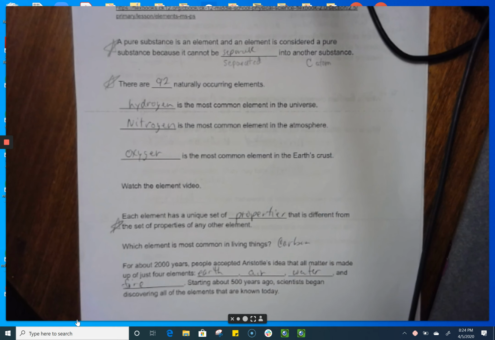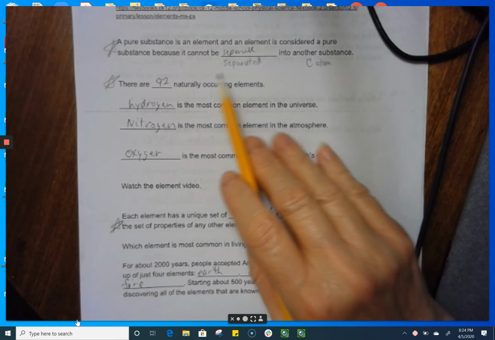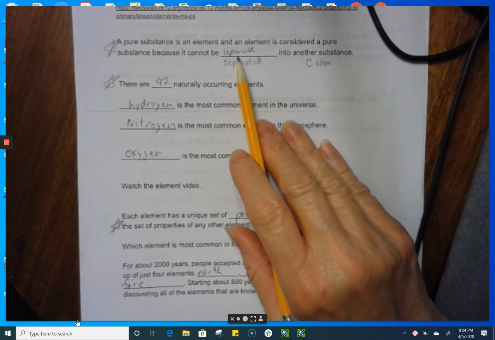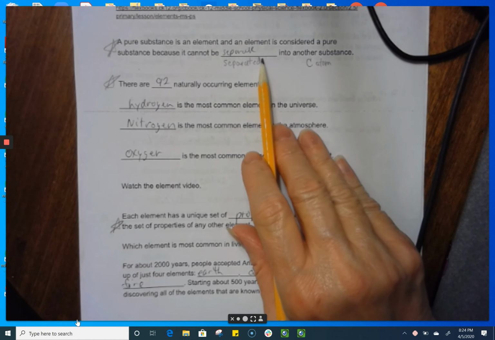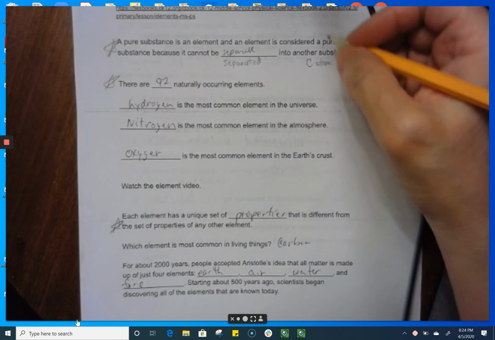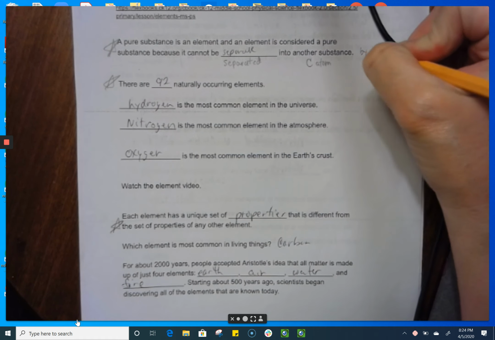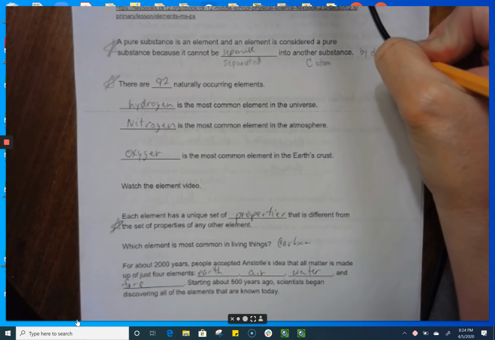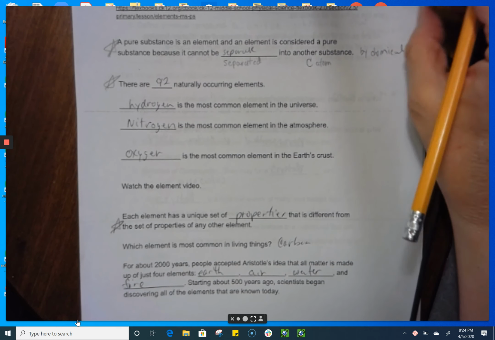So when we're talking about chemistry, we're talking about chemical reactions. So you're not going to split an atom chemically. So here, an element cannot be broken down or separated into another substance, and this is basically by chemical means. It would take a nuclear reaction to do that.